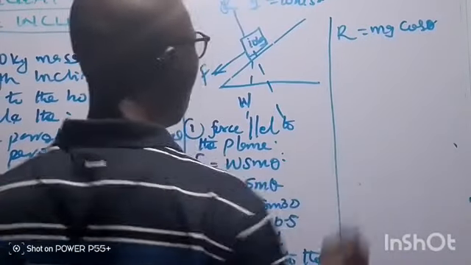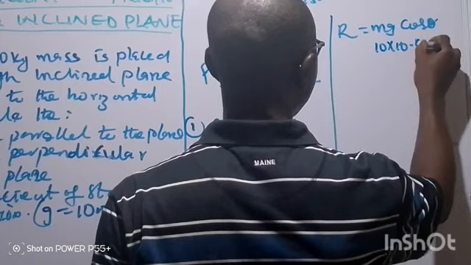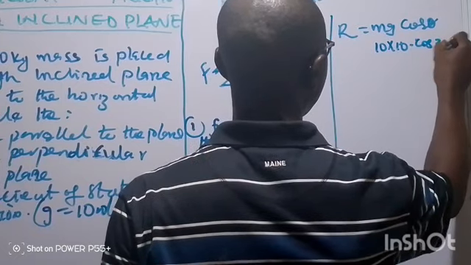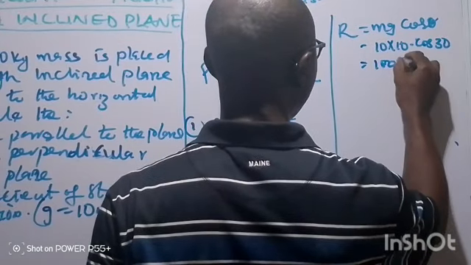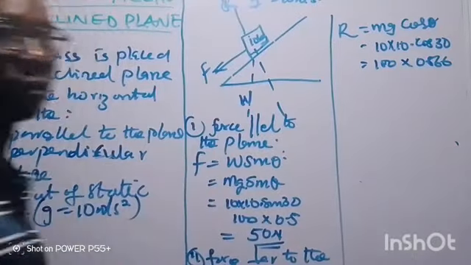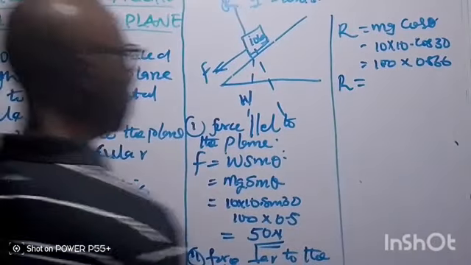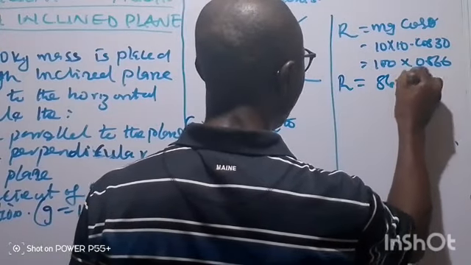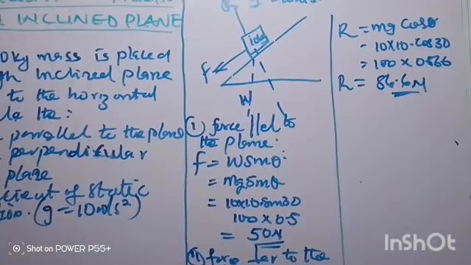Our m is 10, g is 10, then cos 30. And don't forget, cos 30 will give us 0.866, so this is 100 multiplied by 0.866. Now, force perpendicular to the plane will be equal to 86.6 Newton.